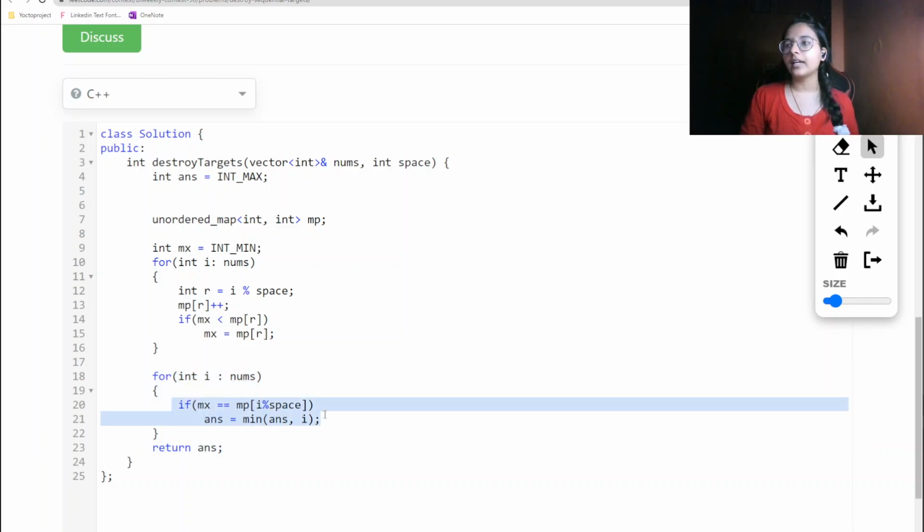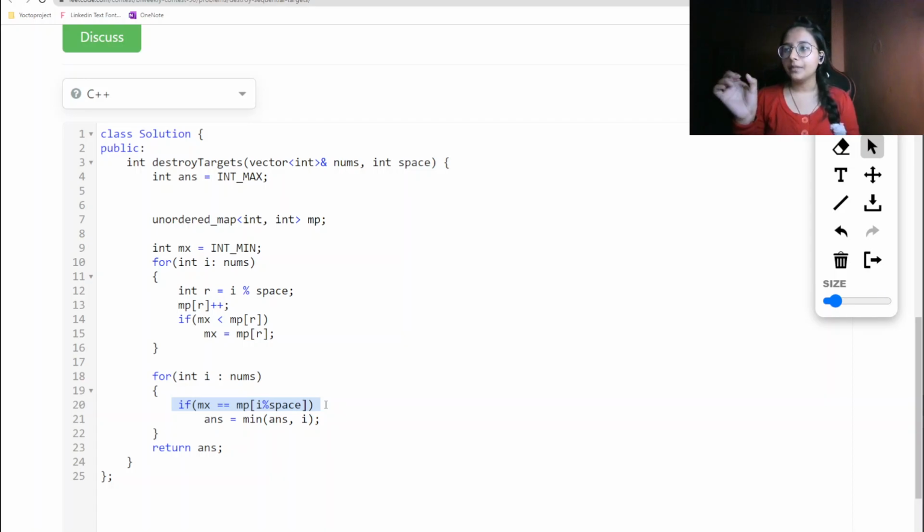So here we are checking again for the remainder part, that if at a particular moment the maximum is equal to the count corresponding to that remainder, because here we are just checking for that remainder, and then corresponding to that remainder whatever count is there, and then the maximum which was earlier stored here, right? If they are equal, then whatever minimum we get, that would be our answer.